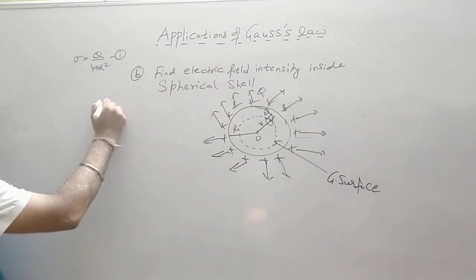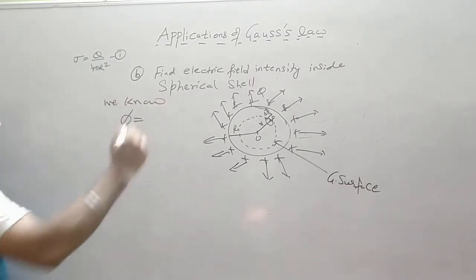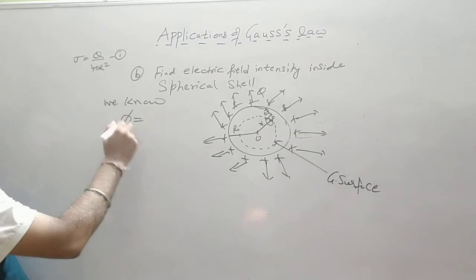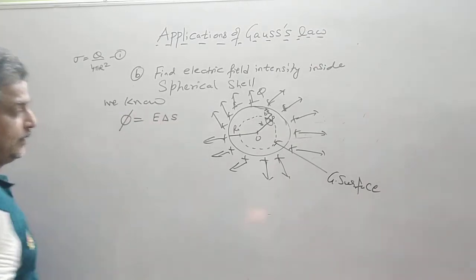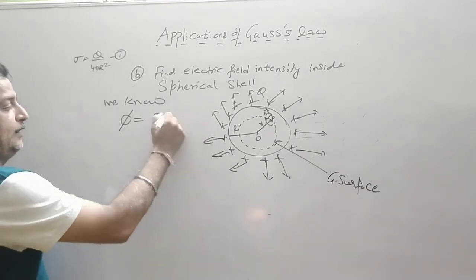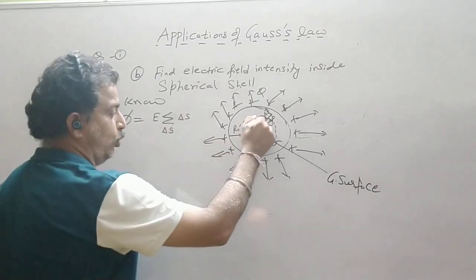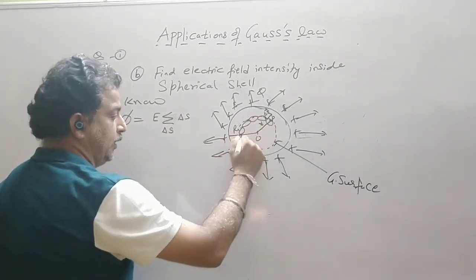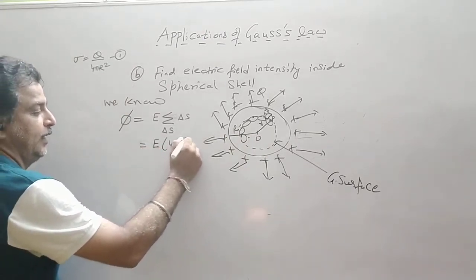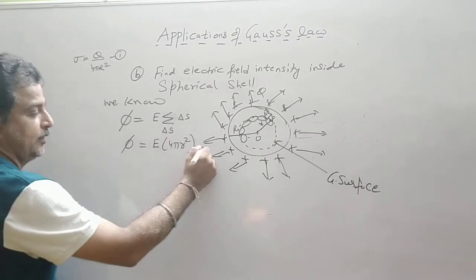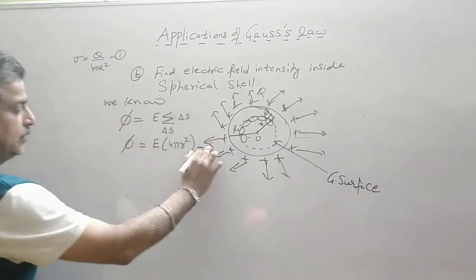So we know flux can be written as, now I am directly writing the total flux, that is equal to E delta S, E summation of delta S. So we take a summation for all of these Gaussian elements and that is equal to E 4 pi r square. So the total flux, this is say our equation number 1, for this say equation number 2.